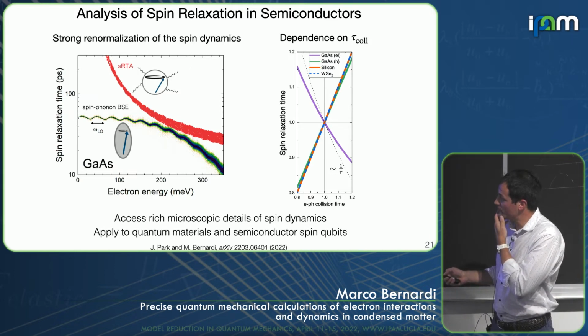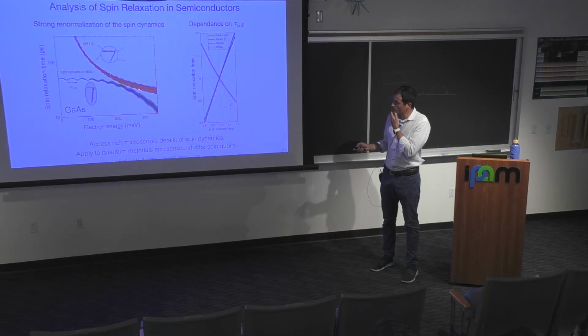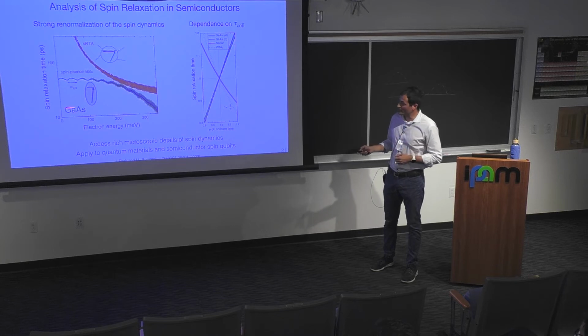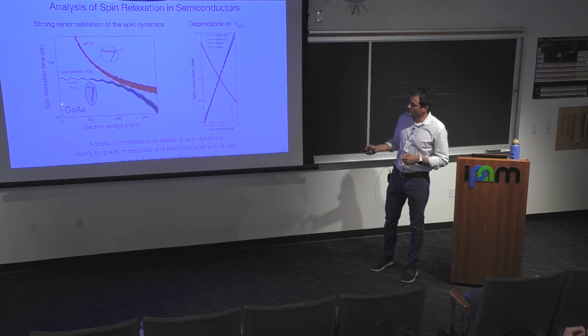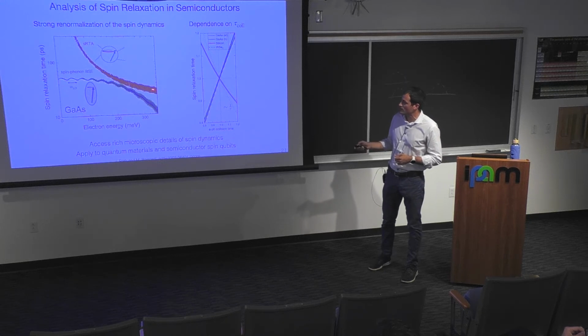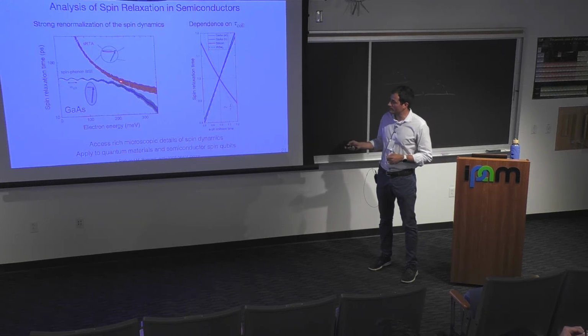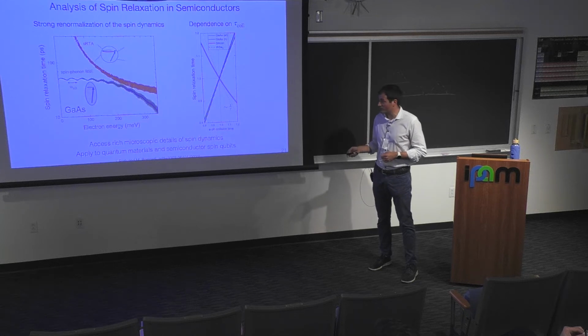Basically, what it shows is that the vertex function strongly renormalizes the spin relaxation times. For example, in gallium arsenide, if you plot the spin relaxation time near the bottom of the conduction band, you see here that in the spin RTA, which we know does not work well, this varies rapidly with energy and ultimately diverges, which is unphysical.